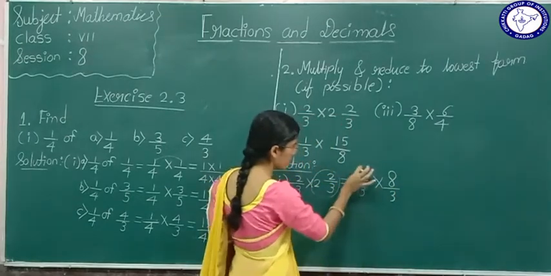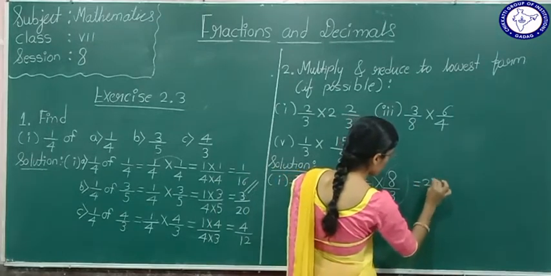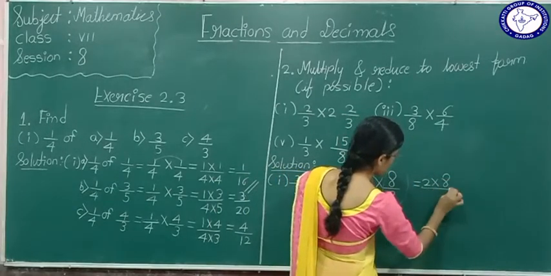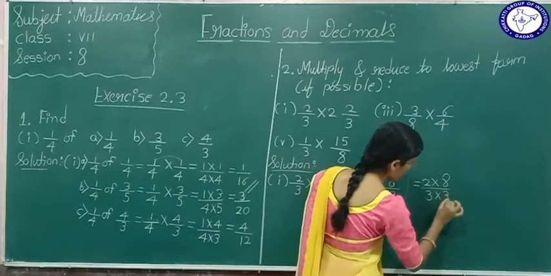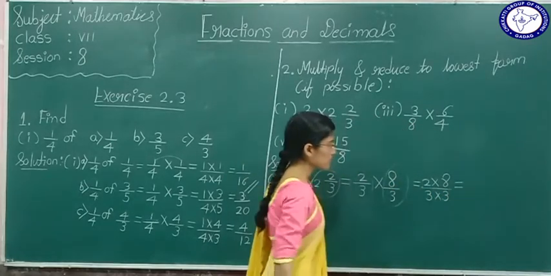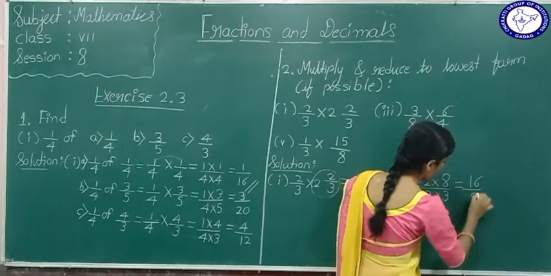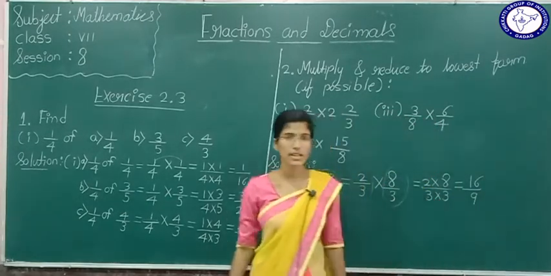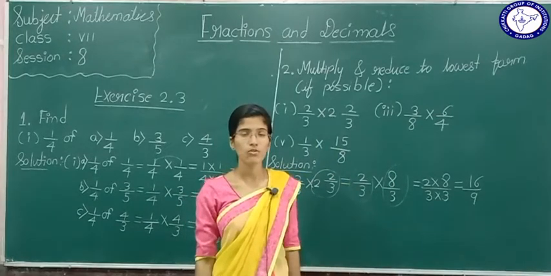Now, you know how to multiply a fraction with a fraction: product of numerators divided by product of denominators. That is 2 multiplied by 8, 3 multiplied by 3. 2 8s are 16, 3 3s are 9. Do 16 and 9 have any common factor other than 1? No. This is in the lowest form only.